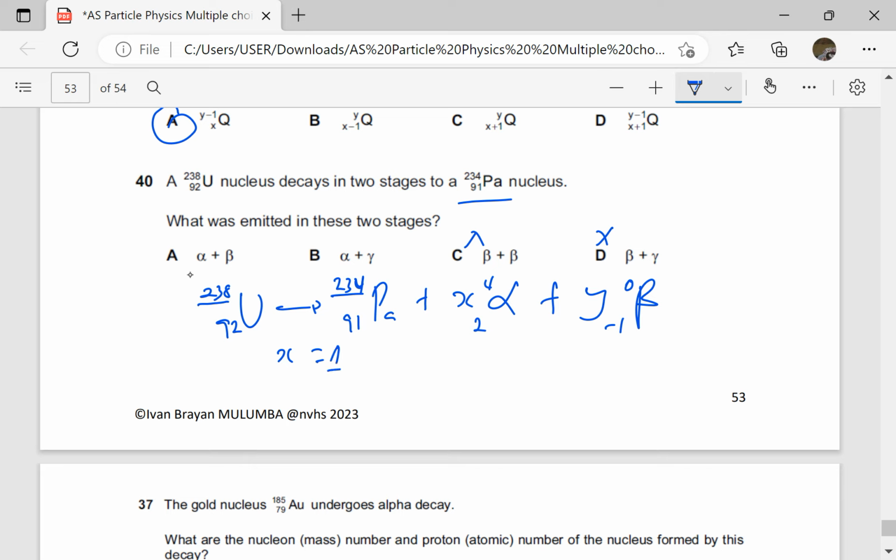An alpha particle is emitted, but then the proton number on the left hand side is 92, on the right hand side it would be 91 plus 2, which is 93. So we must subtract 2. We must subtract an alpha minus 1. That means Y will be equal to 1. So another beta particle is going to be emitted. So it is alpha and beta, which makes this A.